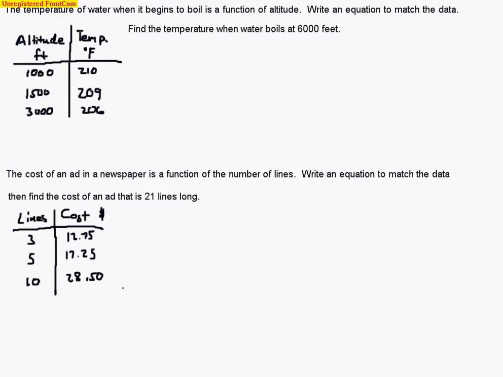The first one is that the temperature of water when it begins to boil is a function of altitude. That tells us something about what is x and what is y. The word "is" represents an equals sign. So we write temperature equals, and it is a function of altitude.